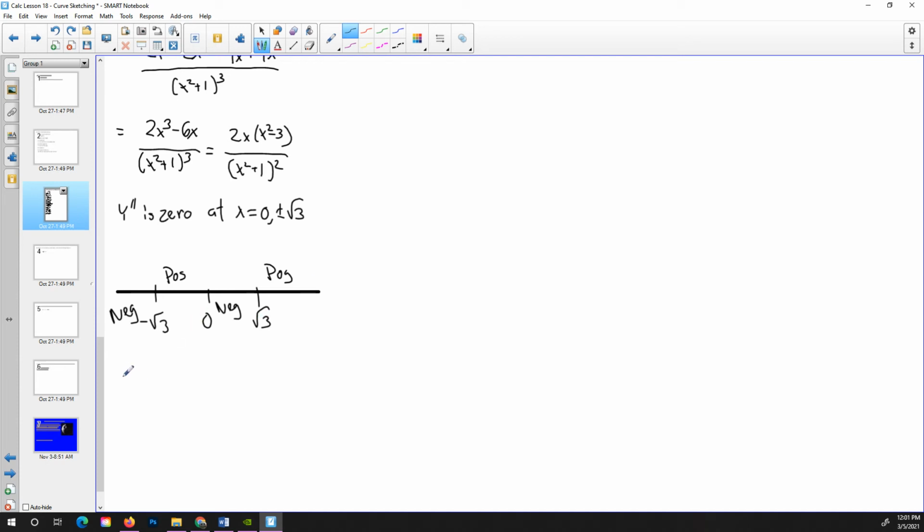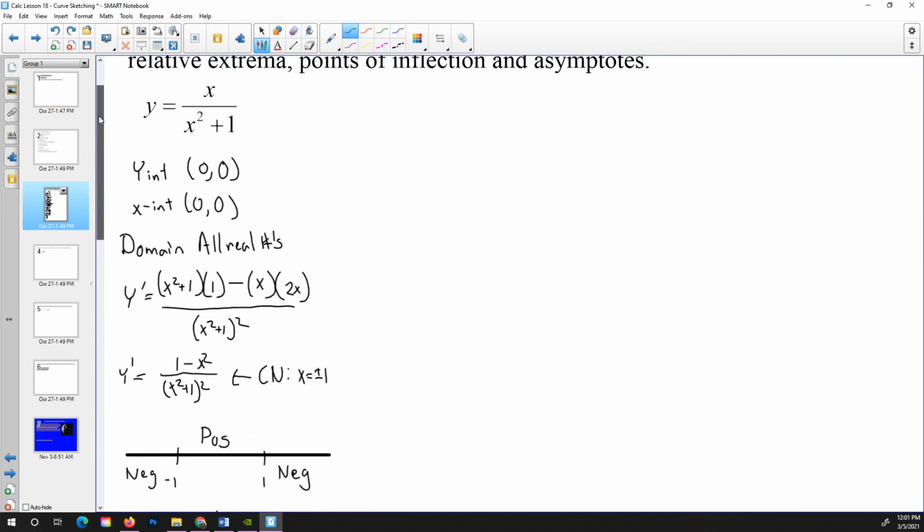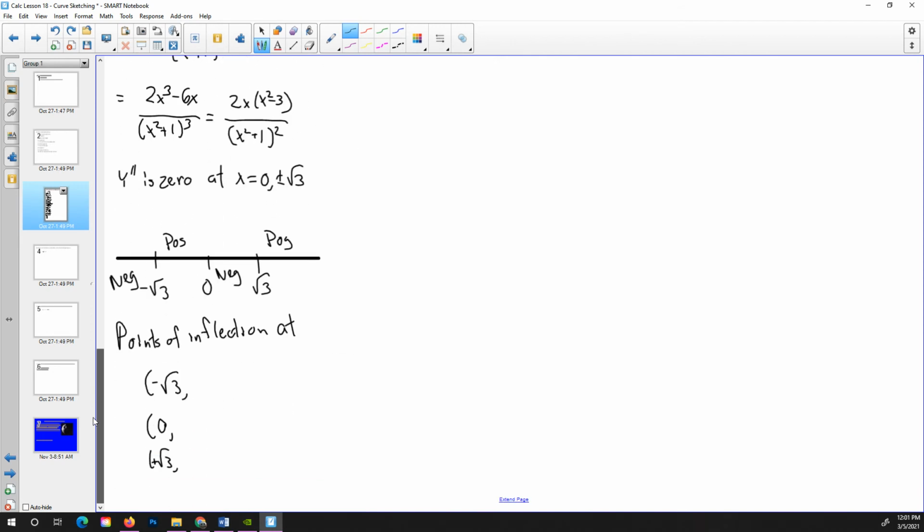That tells me that I have points of inflection at negative square root of 3, comma, 0, comma, and positive square root of 3, comma. So I have to figure out those values. Since we want the points, we got to go all the way back up to the numerator to figure those out.